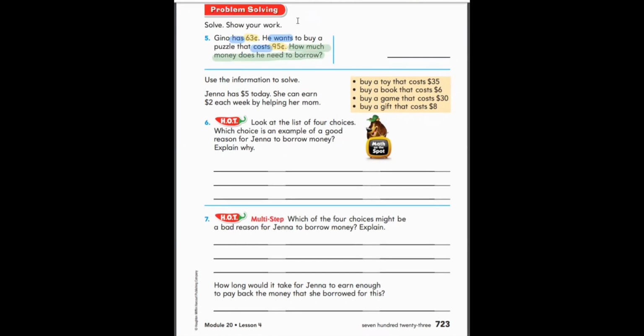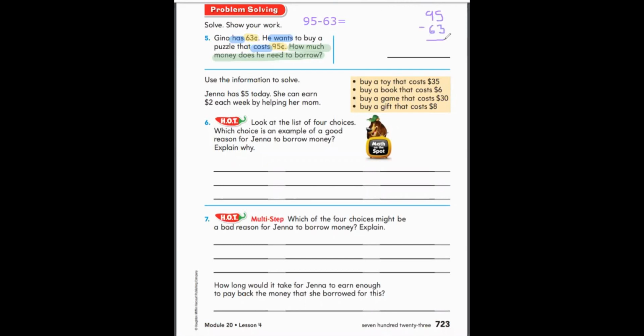Okay, so the puzzle is 95 cents. And he already has 63. So we got to subtract. Let's do it here on the side. So we have 95 minus 63.